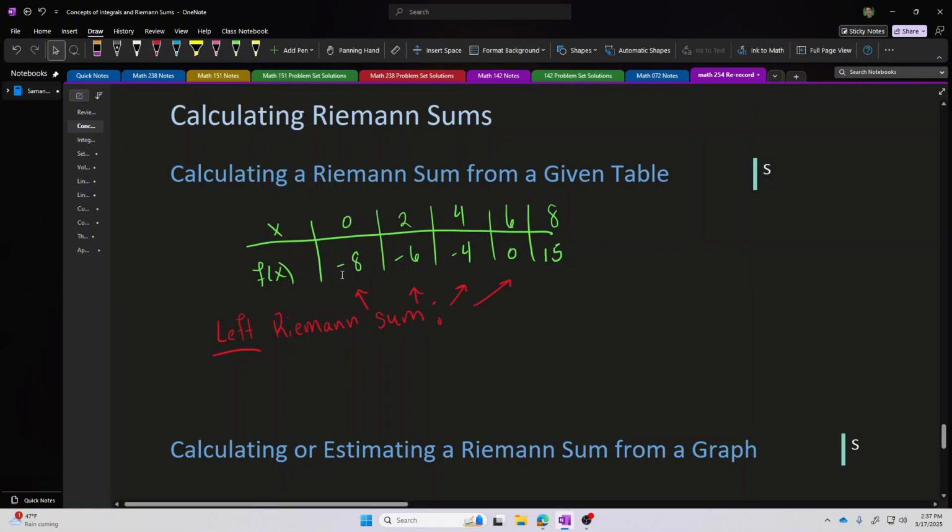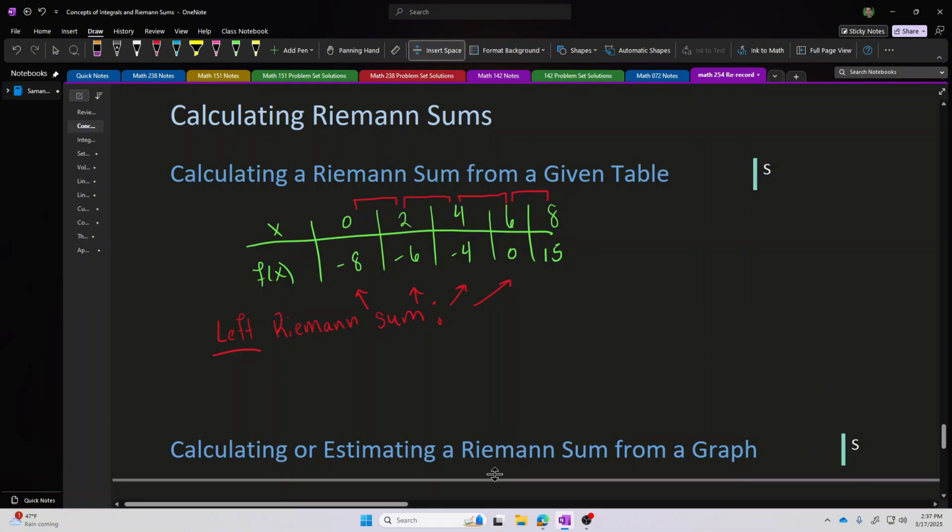The left one here, -8 from the first subinterval. The left one, -6 from the second subinterval. The left one, -4 from the third subinterval. And the left value, 0 from the final fourth subinterval.